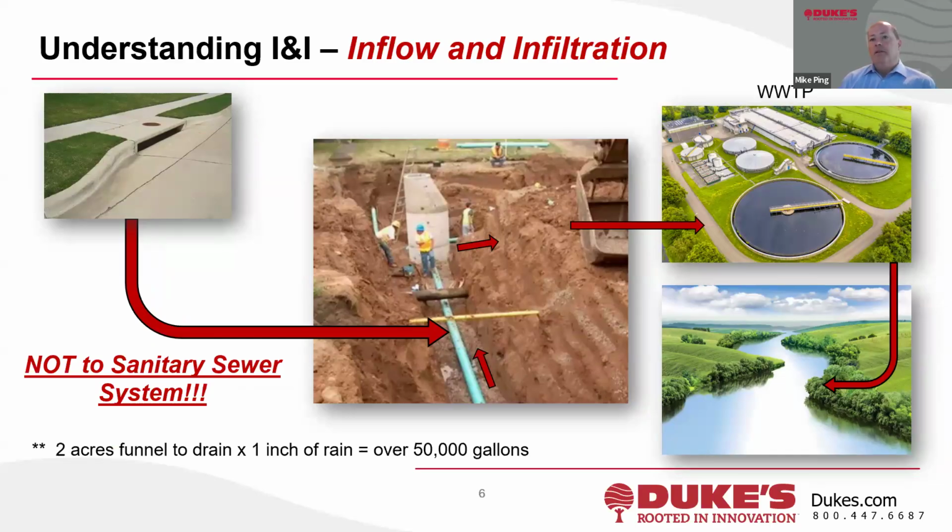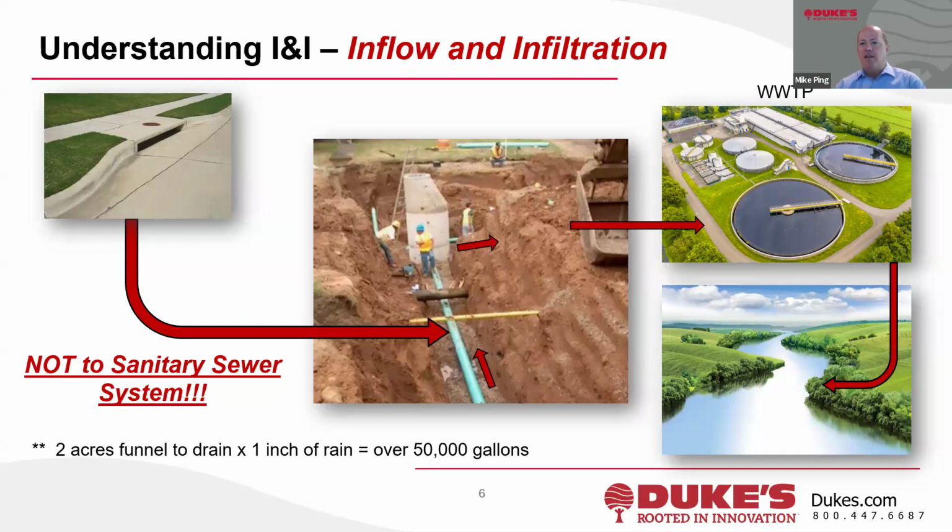So with that, I think a lot of people get that, but maybe some of you have never dived into the numbers here. Just as an example, a 2-acre area.